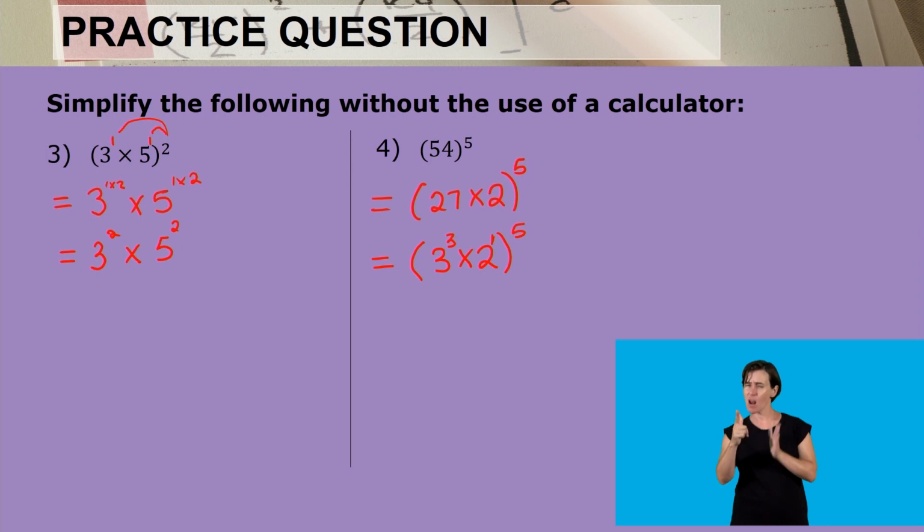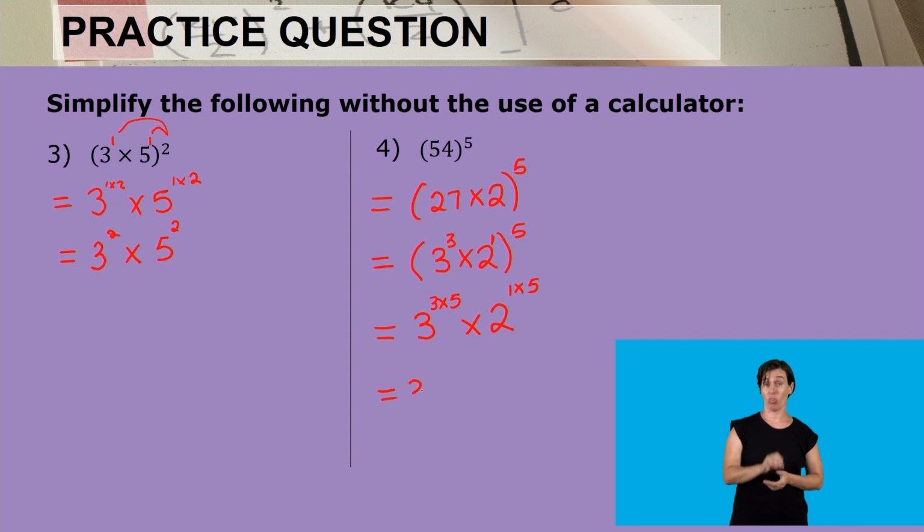And if we apply our laws there, we know that this is going to become 3 exponent 3 times 5 multiplied by 2 exponent 1 times 5, giving us a final answer of 3 exponent 15 multiplied by 2 exponent 5. And that is going to be our final answer there.